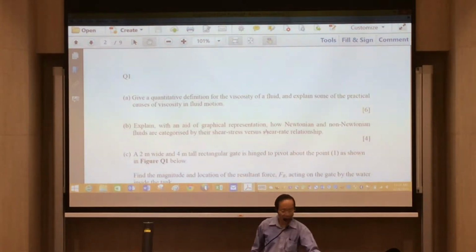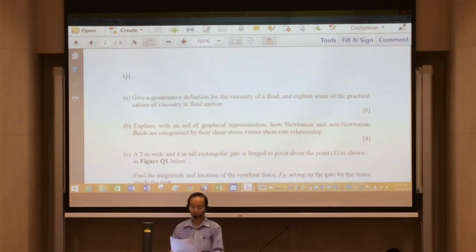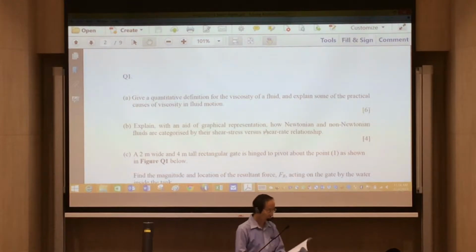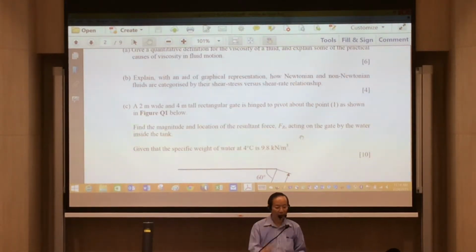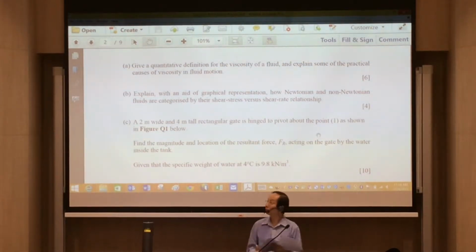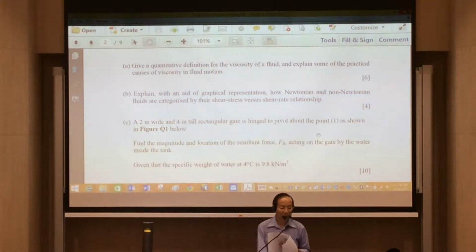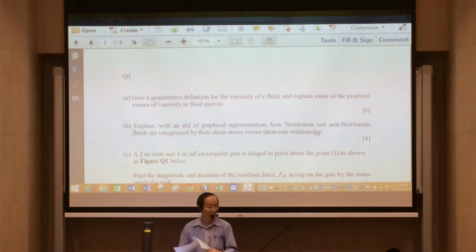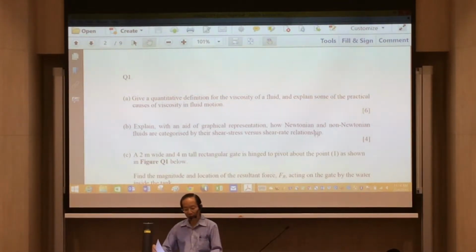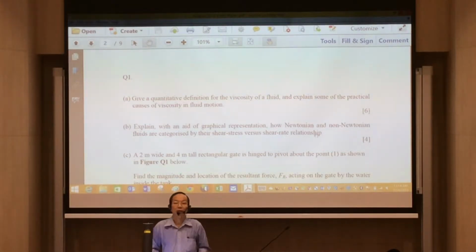Question 1, August 2014. Alright, this question 1, if you look at it, can you see? Question 1, August 2014 paper. This question looks familiar, doesn't it? Does it look familiar?